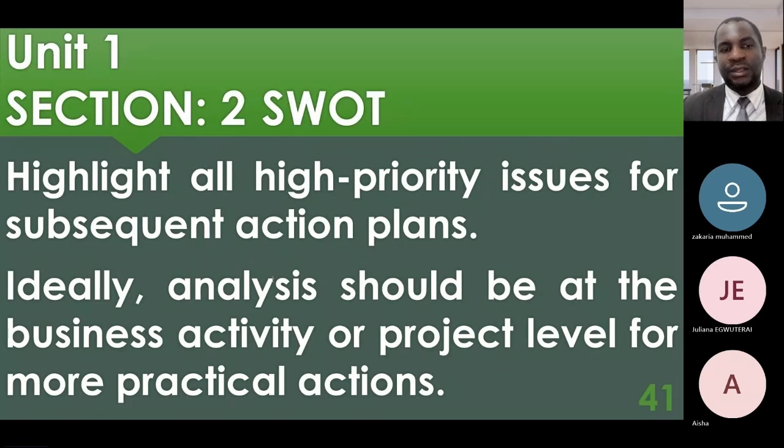So in using PESTEL analysis, the first component is political. Now, the country Smart Hub is moving into is pro-business or pro-tech business with low corporate taxes, but has stringent regulation on data privacy and cybersecurity. So taxes now are a political issue you may want to explore.